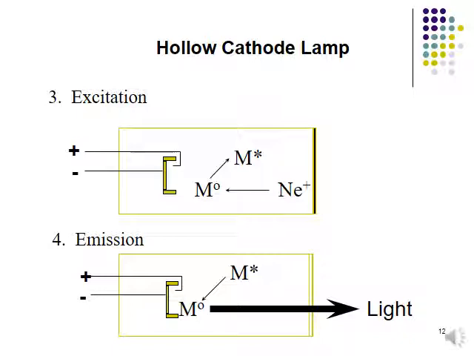From the excited metal, it will undergo the emission process and form a photon. Because when there is a process of emission, it will produce some kind of energy as a photon. So this light or photon will be measured then.